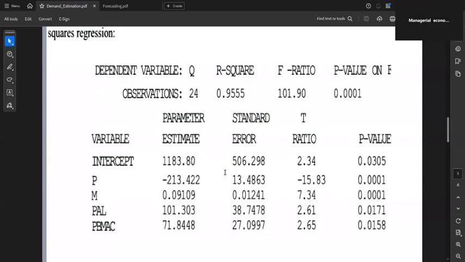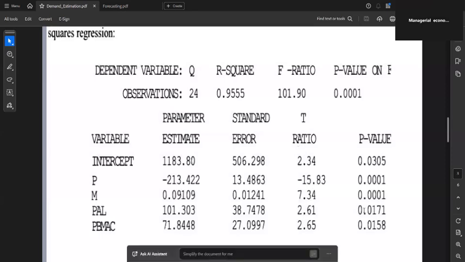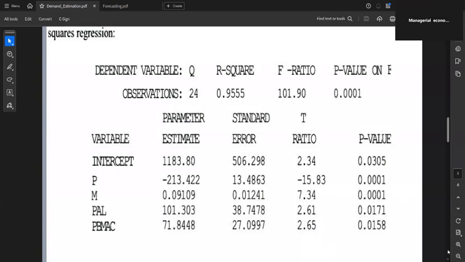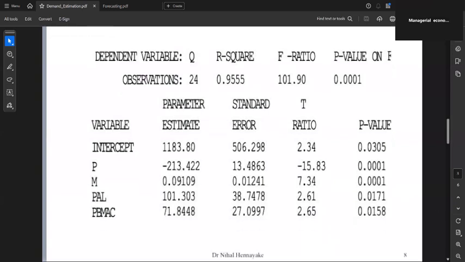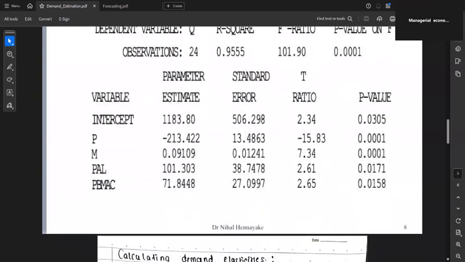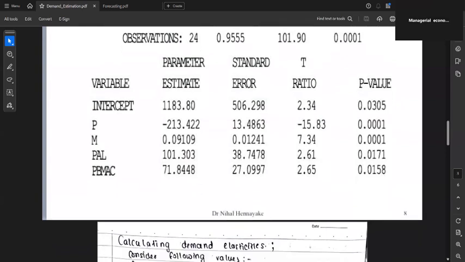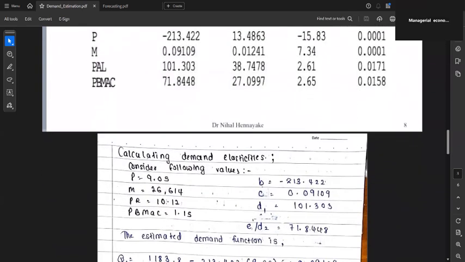Here the A term, the intercept, is this one. The t-statistics are high for every factor. If we take the rule of thumb as 2, each factor's t-stat is greater than 2. And the p-values are at a considerable level.